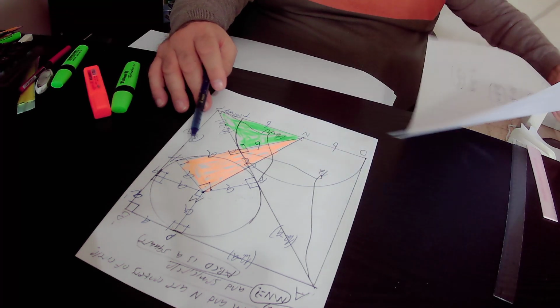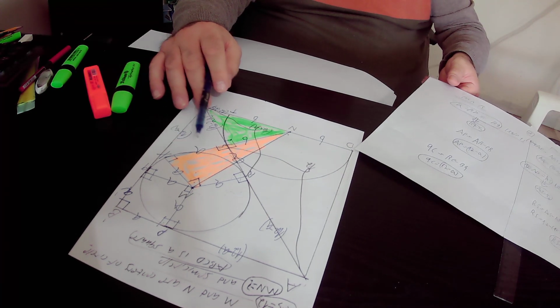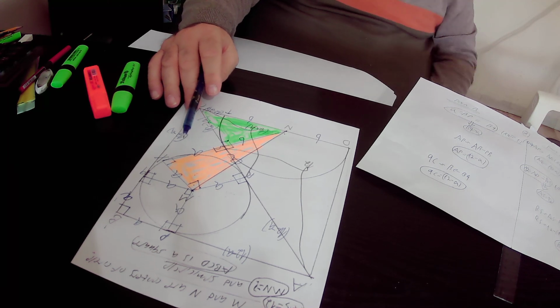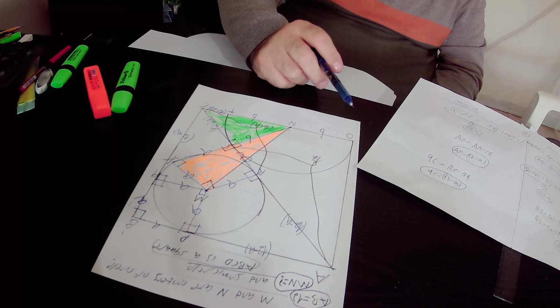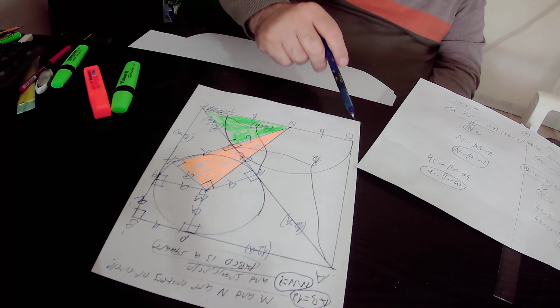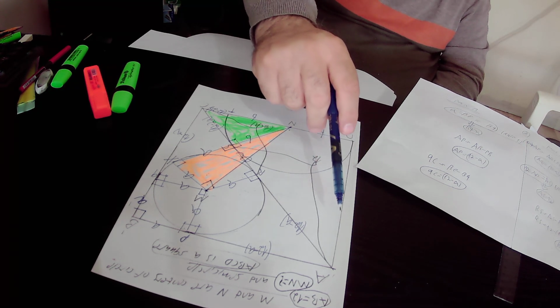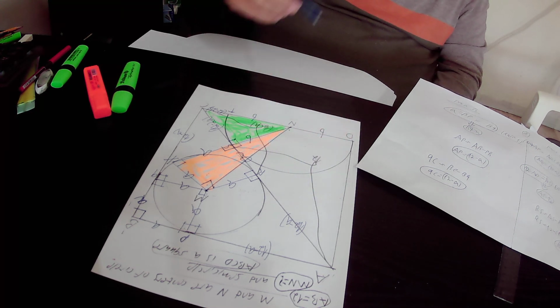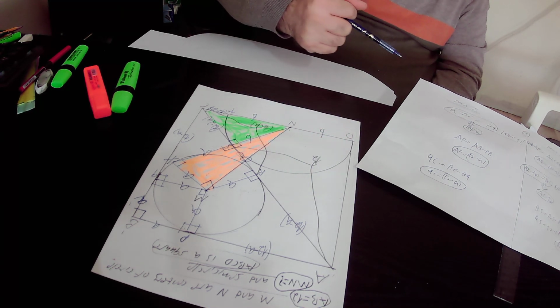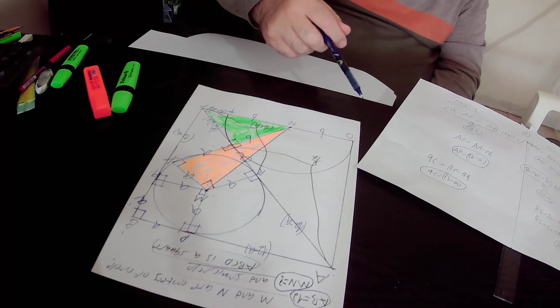Then we focused on point A again. From the external point A, we have two tangents to the semicircle. The first tangent is tangent AD. The second tangent from point A to this semicircle is AS. According to rule number 1, those two tangents must be equal to each other.